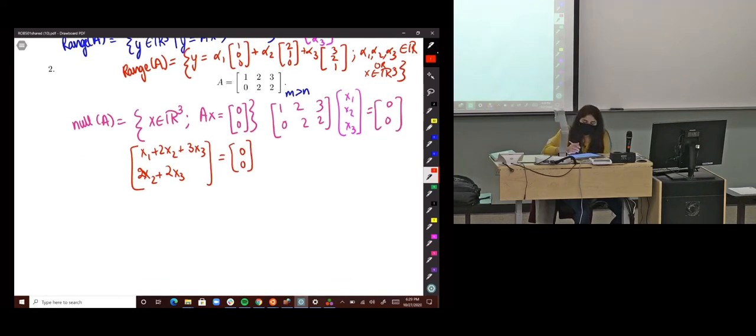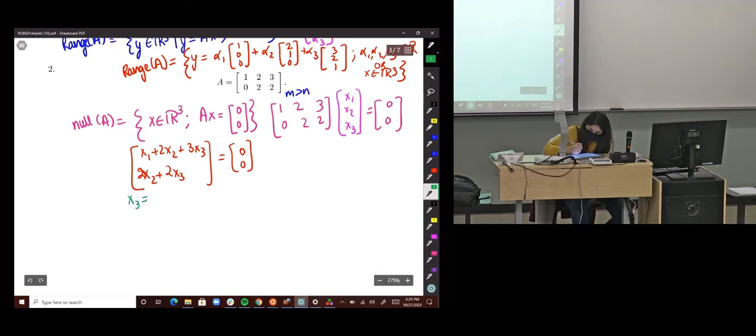Try to solve it. Naively, just looking at it, I can tell the third column is a combination of the first two columns. So we can either choose and solve it the naive way.